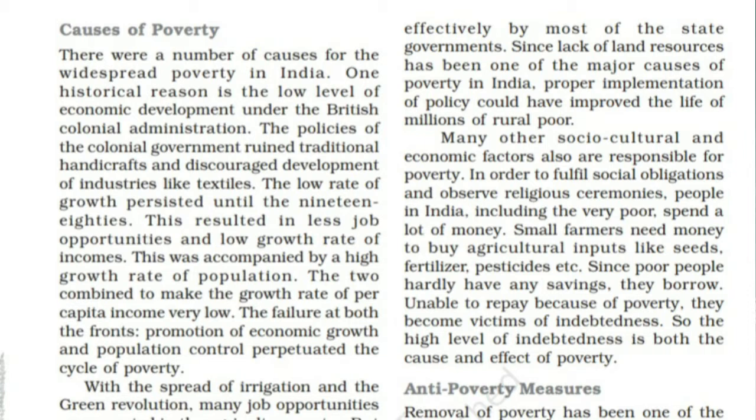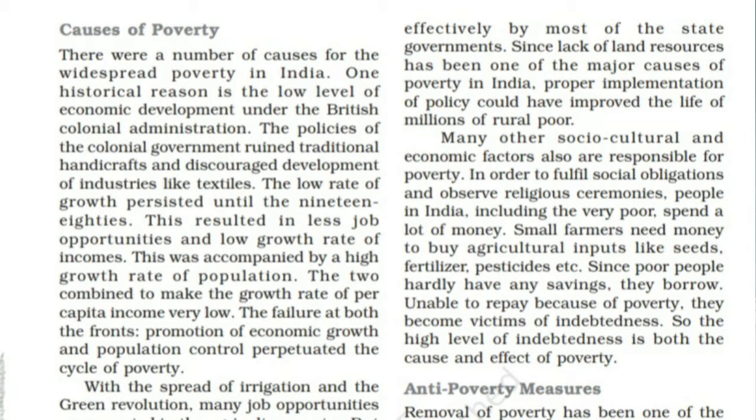Then we can move to the second point. The second point is high growth in population. In the same paragraph you can see that there is a low rate of growth in the colonial administration. There were fewer job opportunities and a low growth rate of incomes. At the same time, there is high growth of population.